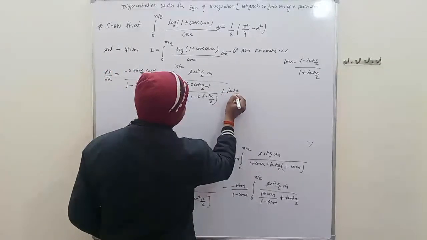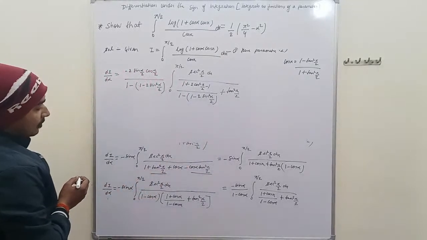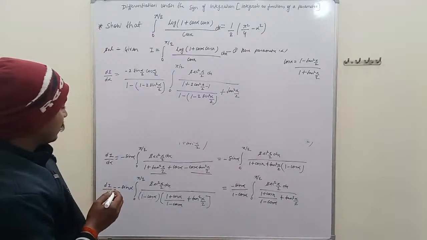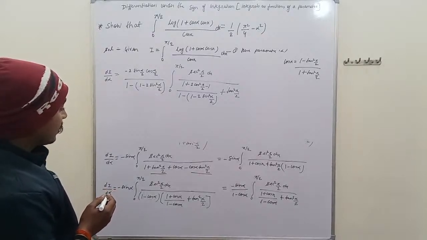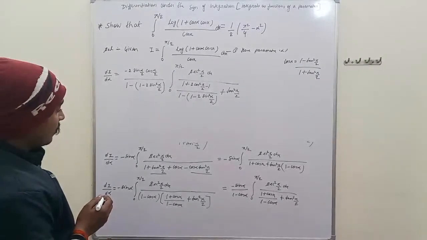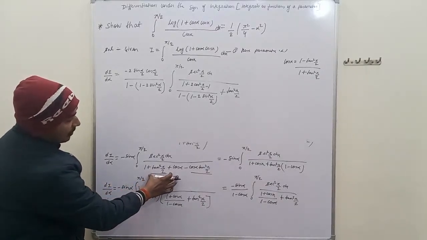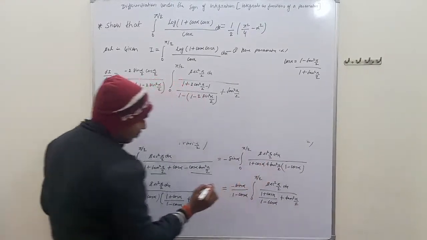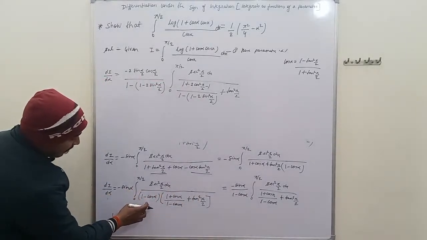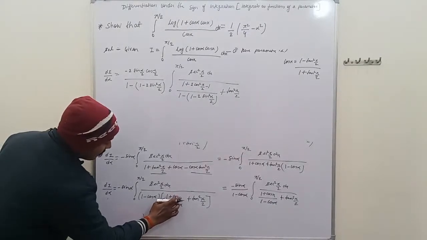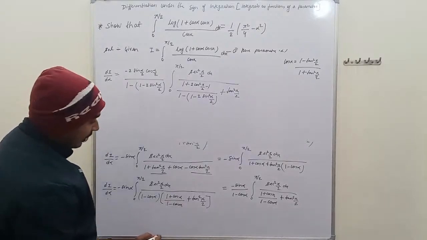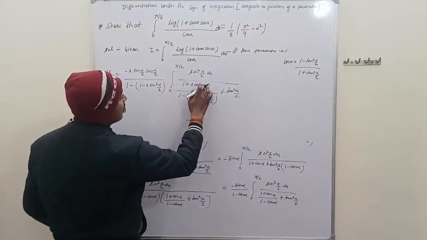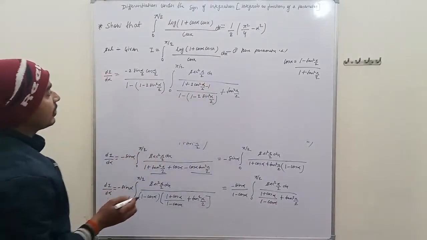Let us correct the terms: here it is cos alpha, not x, so we take common 1 plus cos alpha, this is also alpha, not x, and further from here we can also write alpha by 2.